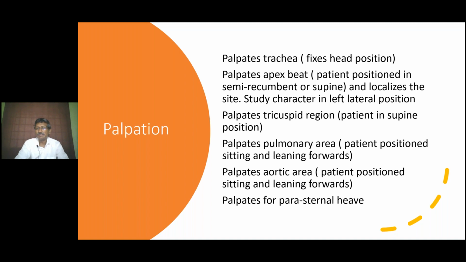In all these areas, tricuspid, pulmonary, aortic, you will look for palpable sound and palpable thrill. Palpable sound is more relevant in the aortic and pulmonary areas, and thrill is relevant in all three areas.